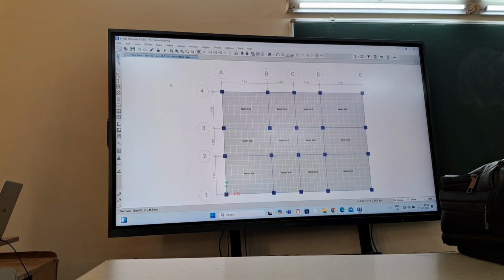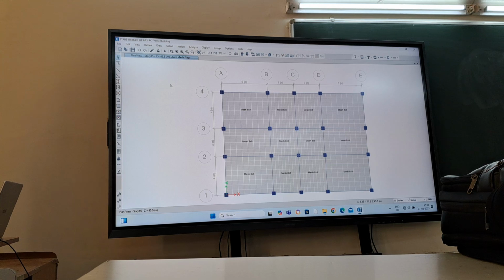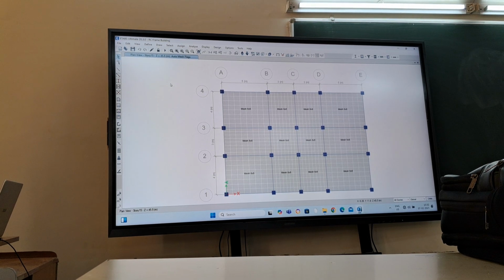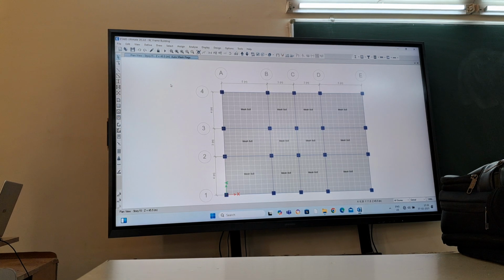So if you do not provide the rigid diaphragm, also it will act as a rigid diaphragm. But suppose you are modeling the shell element, so purpose of modeling is to simulate the out of plane behavior also. In that case, it will be little bit flexible compared to the membrane element. So in this case, you have to again define the rigid diaphragm.